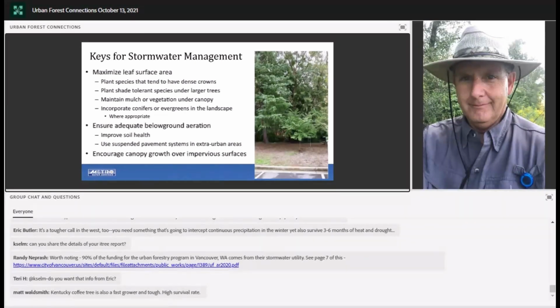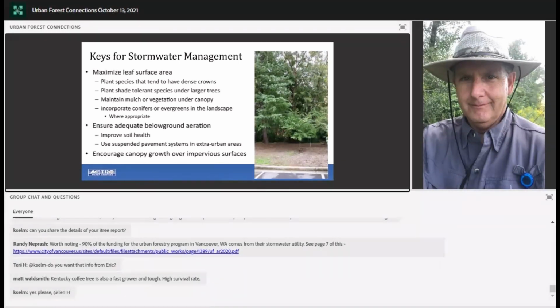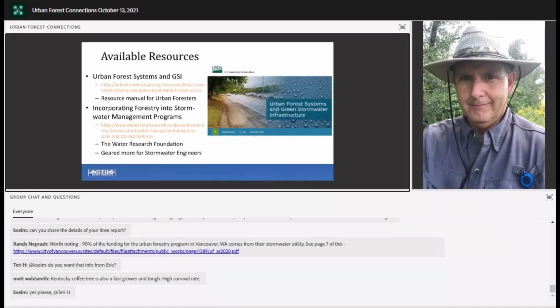Ensure adequate below-ground aeration to improve soil health, so that we can get more infiltration of this stormwater runoff into the soil where the trees can use it. Use suspended pavement systems in those extra urban areas where you can afford them. And lastly, encourage canopy growth over impervious surfaces so that you can slow the water down over some of those surfaces.